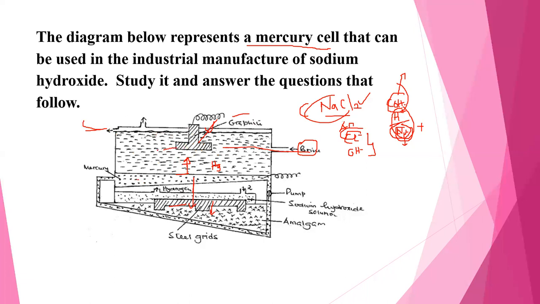Then here at the anode, the oxidation will take place, with the chloride ion. Sorry, it should be vice versa.